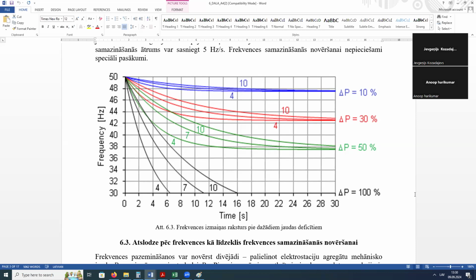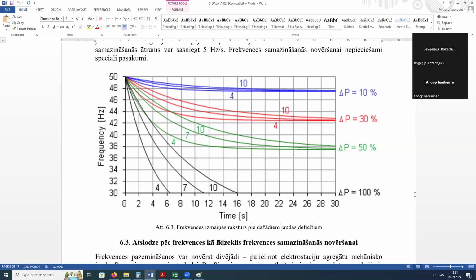But we need to keep balance to save the power system. What to do? If we can't produce more, we need to disconnect the load.